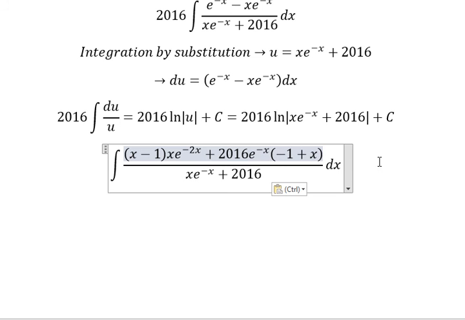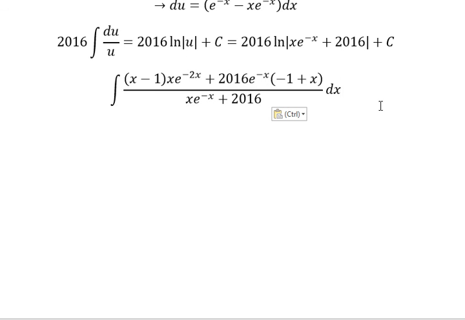So now we get the factor in here, that's e to the power of negative x minus 1.